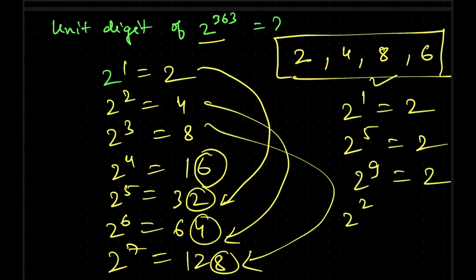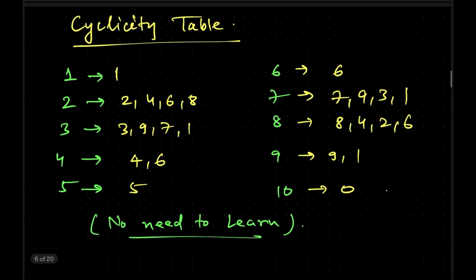Similarly, 2 to the power 2 is 4, 2 to the power 6 will also be 4, and 2 to the power 14 will also be 4. This is the cyclicity table for most of the numbers from 1 to 10.